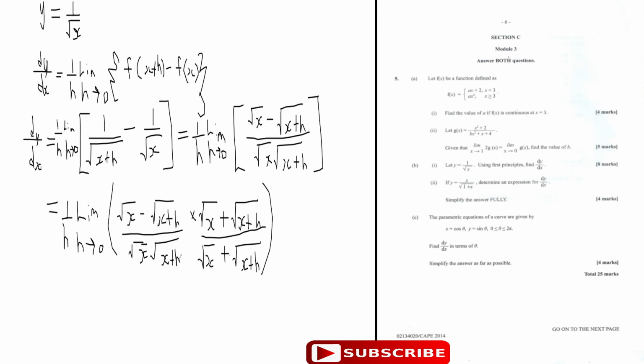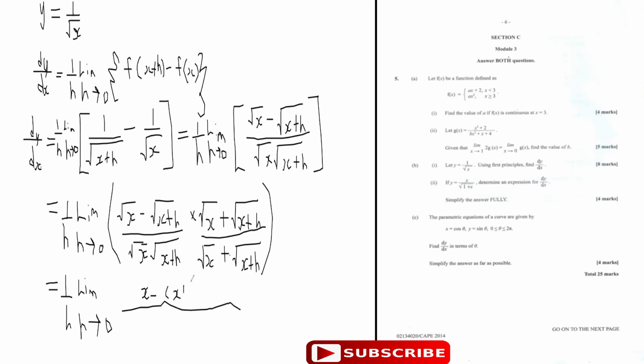Now that we're multiplying by the conjugate, it's going to become 1 over h times the limit as h tends to 0 of, and the numerator now becomes a difference of two squares. So it's going to simplify out to just be root x times root x, which is x. It's going to be a squared minus x plus h.